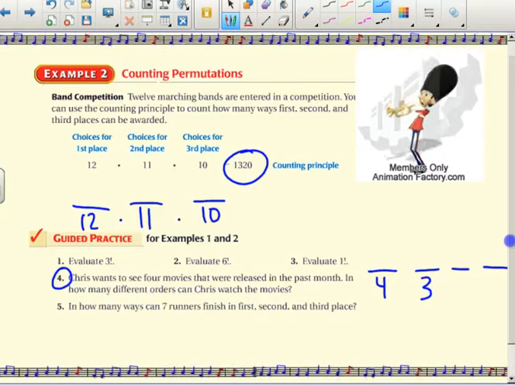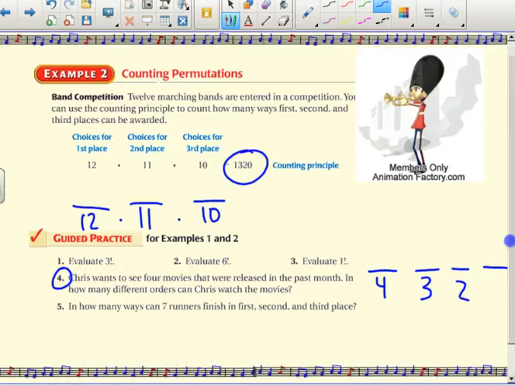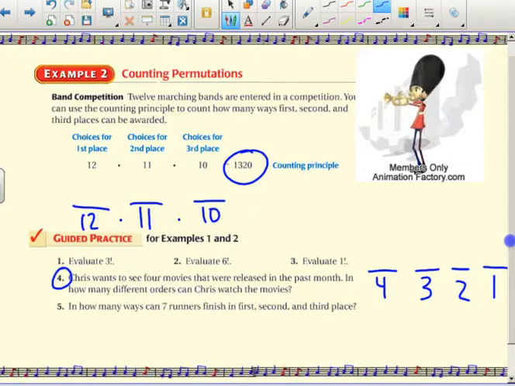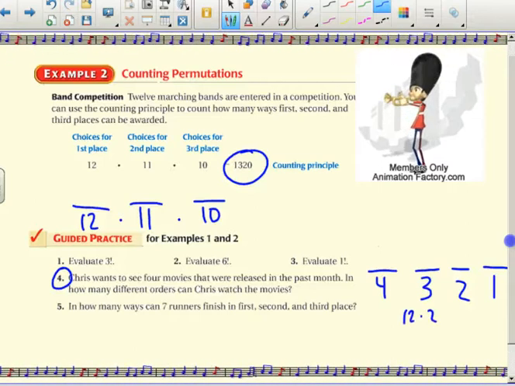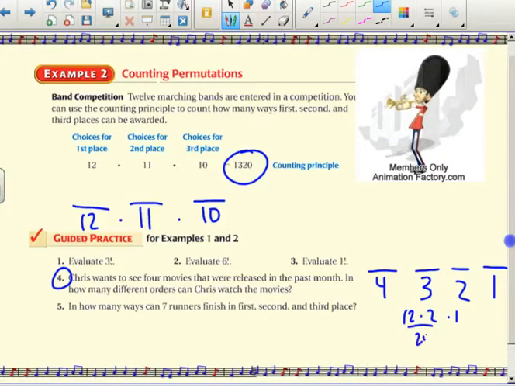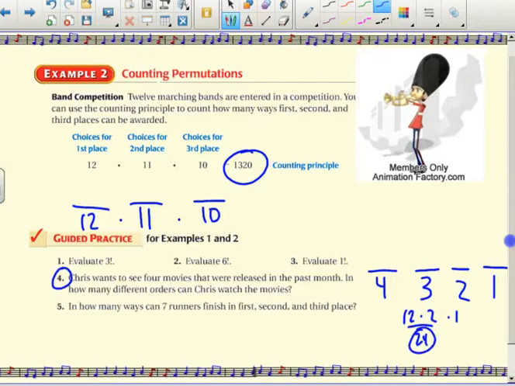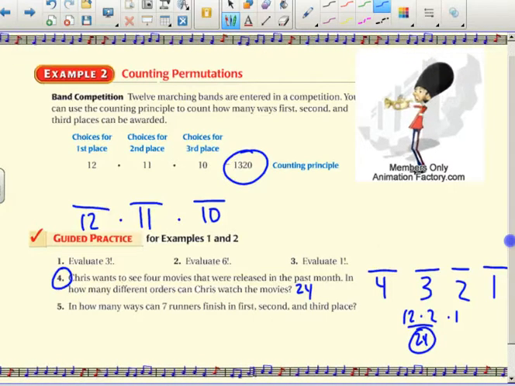Then 2 for the third movie to see, and all the others are played, so there's only 1 option left for the fourth. Altogether it'd be 4 times 3 is 12, times 2 is 24, times 1 is still 24. So this would be 24 different ways.